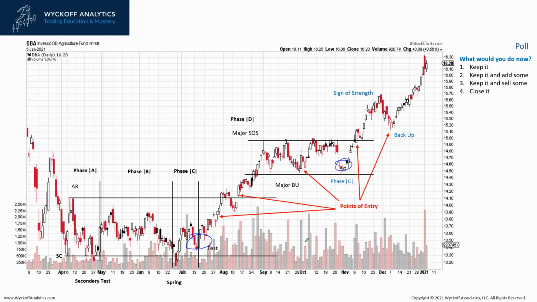But immediately when you see phase C starting to develop, that puts us in the emotional place to start to prepare our execution strategy for scaling up the trade as we leave phase C into phase D and a new uptrend. And that's exactly what this DBA is.